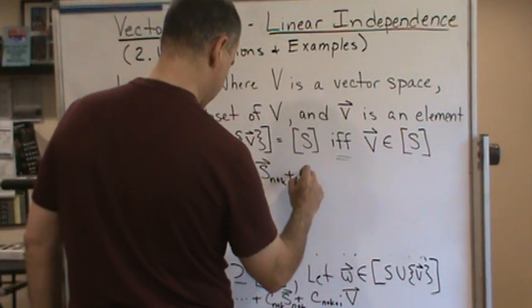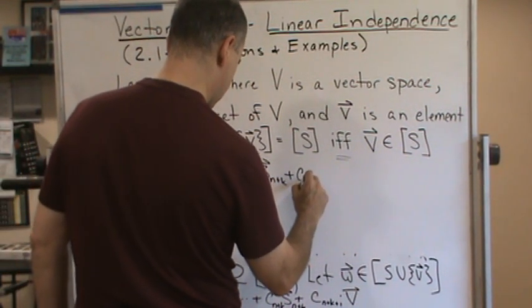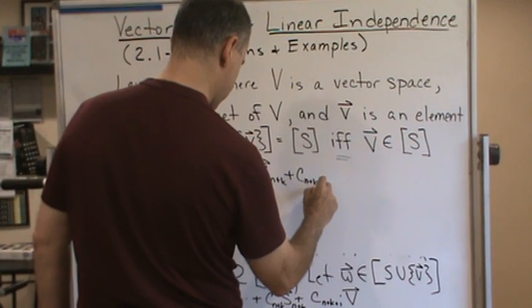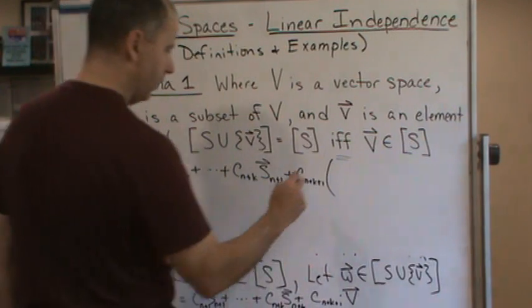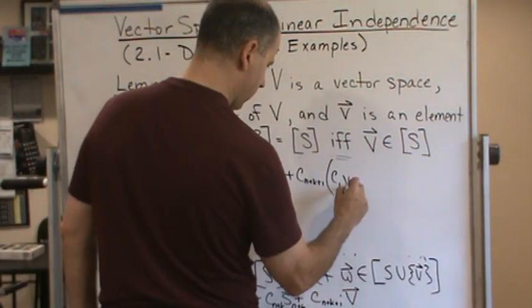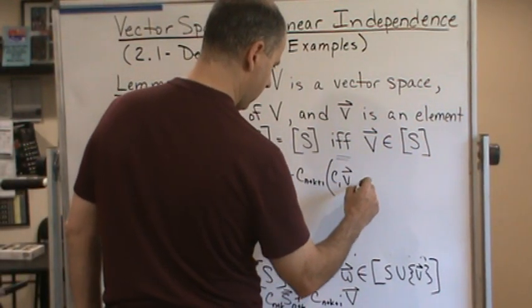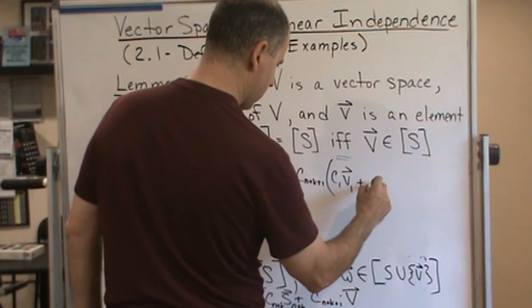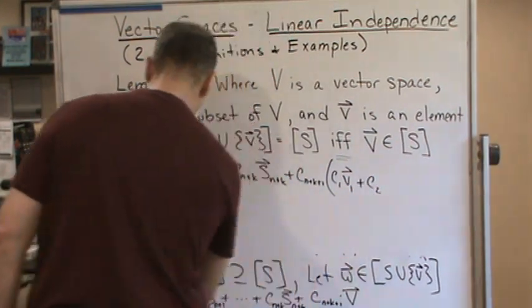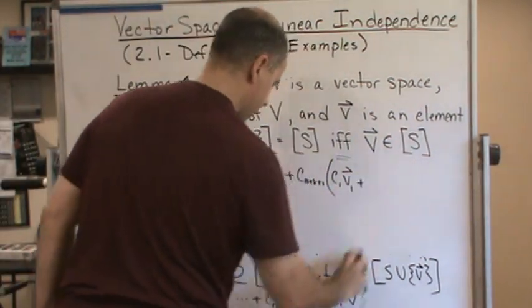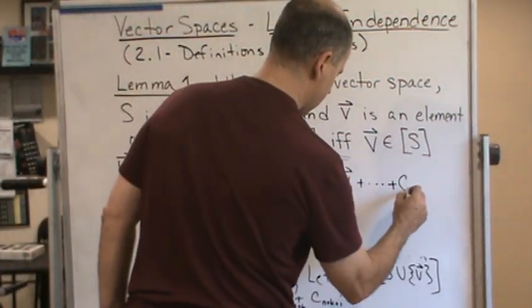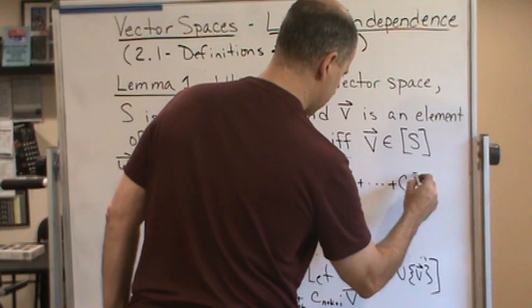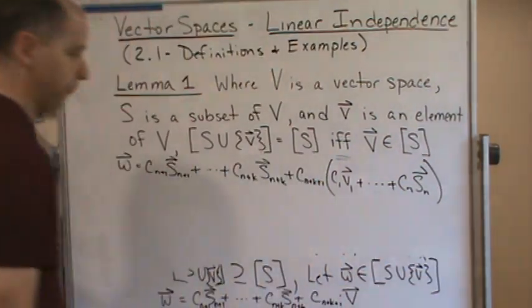Now we're going to do plus c sub n plus k plus 1 times the quantity, where we substitute in for v, which is c1 s1 plus dot dot dot plus c sub n s sub n, like so.